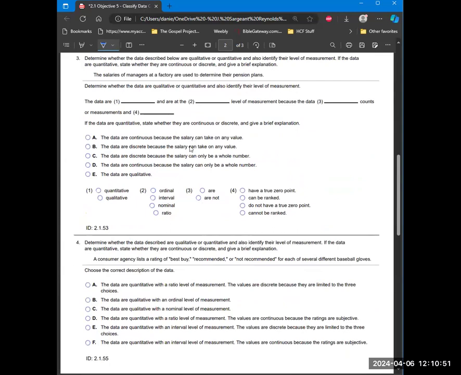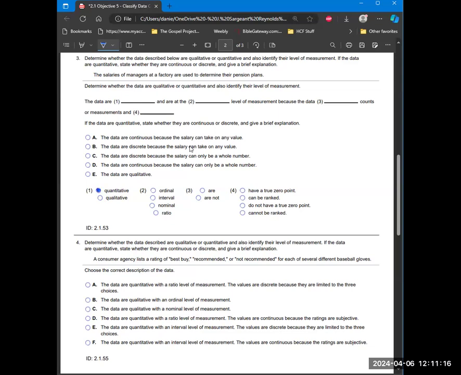Determine whether the data described below are qualitative or quantitative and identify their level of measure, and if the data are quantitative, state whether they are continuous or discrete and give a brief explanation. The salaries of managers at a factory are used to determine their pension plans. So they are quantitative values.